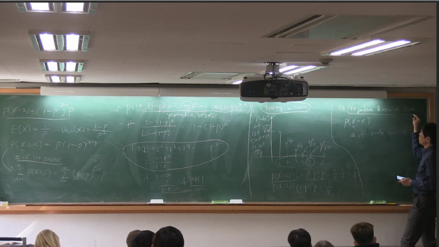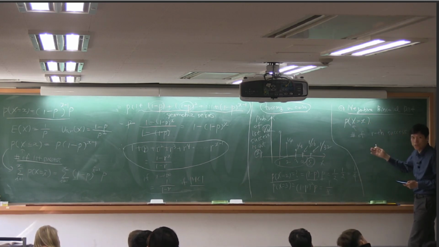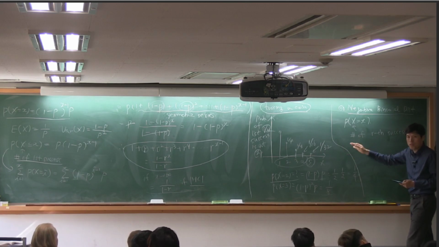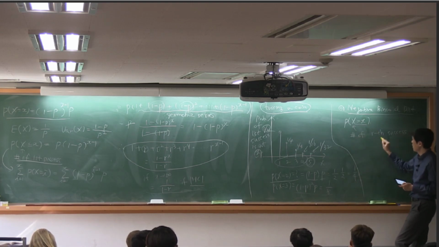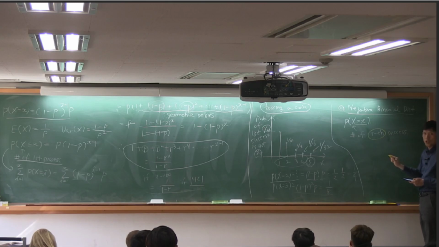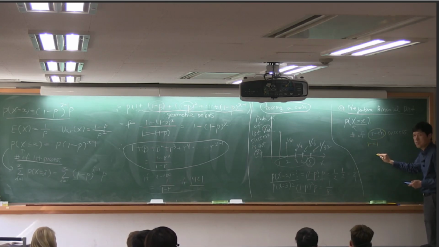The negative binomial distribution is a generalization of the geometric distribution. x is the number of r's success. In the geometric distribution, if r is 1, this becomes a geometric distribution.